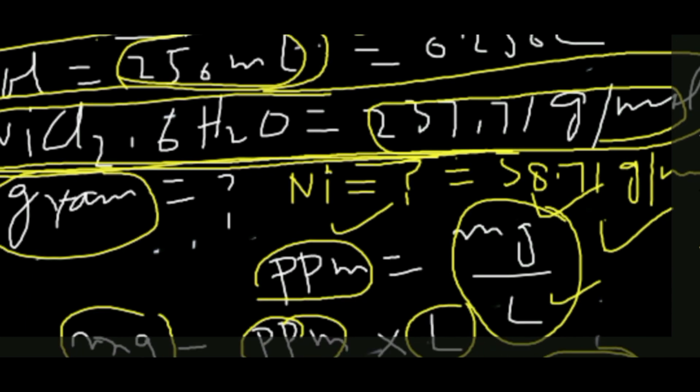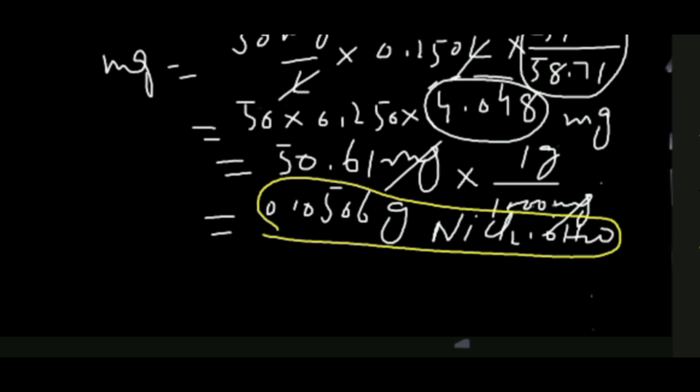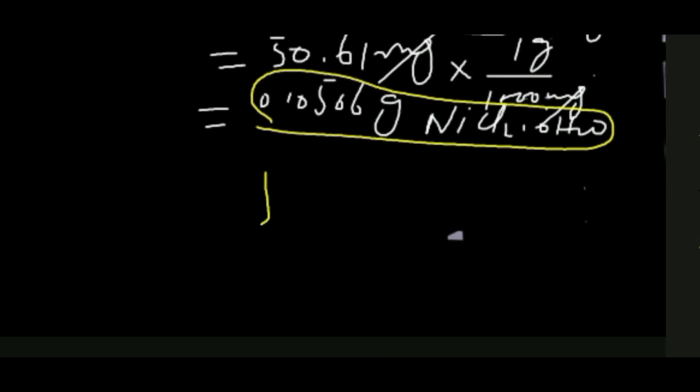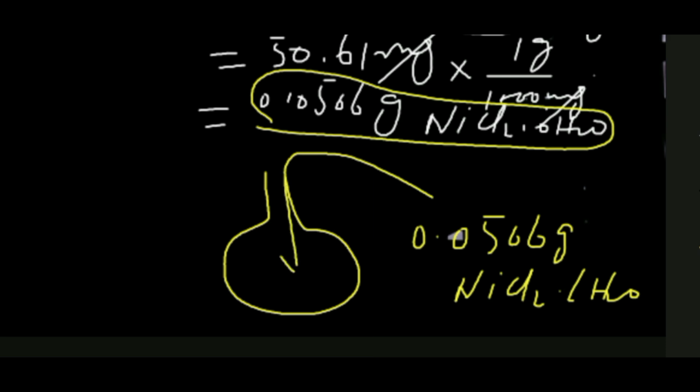So we have to take in a flask the same. For example, we have here a flask. In this flask we have to take 0.0506 gram of nickel chloride hexahydrate, and this will be added into this flask.